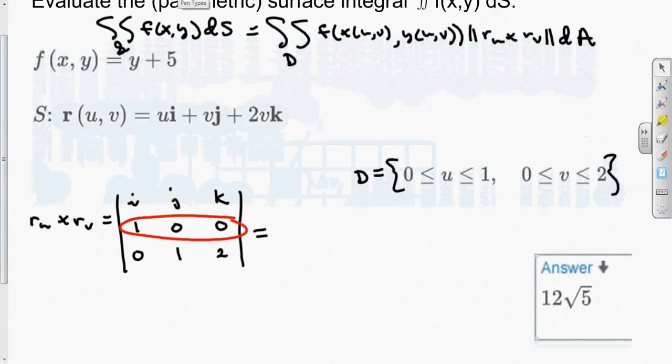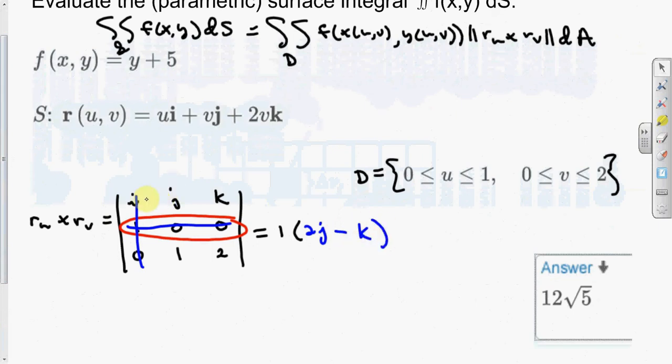So what I'm going to do is to say that this is 1, that 1 there, times, I delete its row and column. Look at the cross product now, 2j minus k.